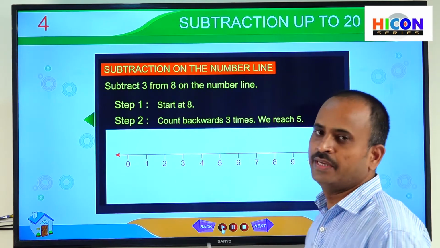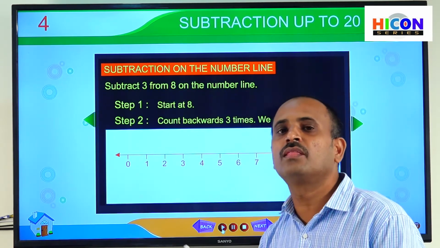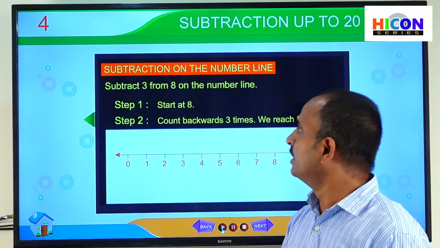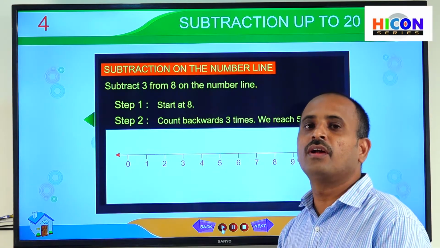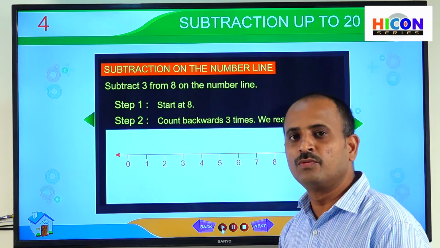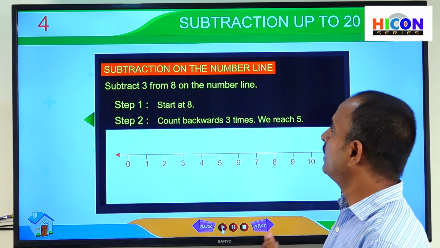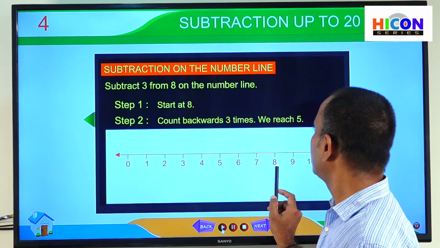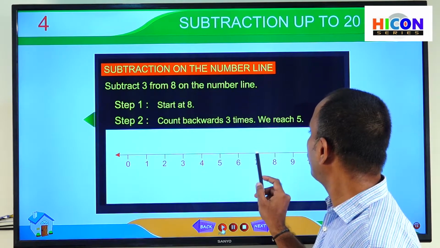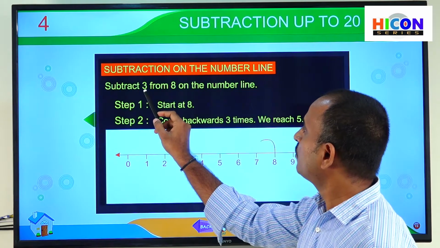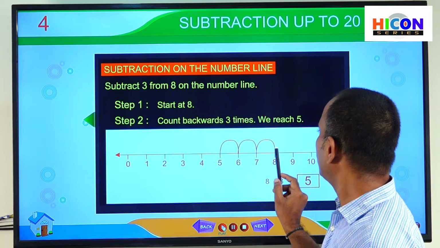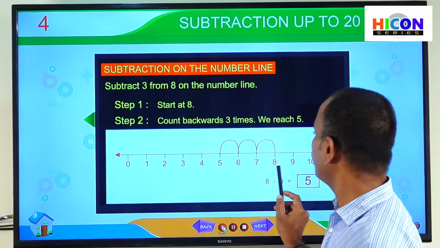So subtraction means we move backward on the number line, whereas in addition, we move forward. Addition means moving forward. Subtraction means moving backward. So here, start from 8 and move backward. How many steps? The smaller number is 3, so move 3 steps backward from 8.